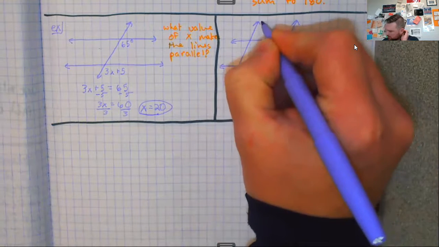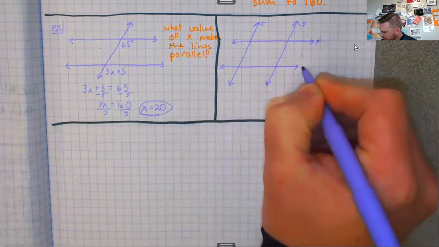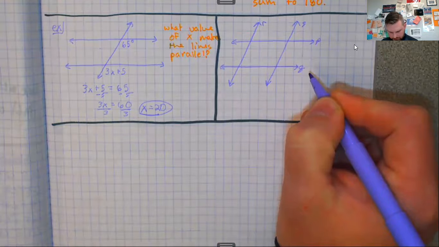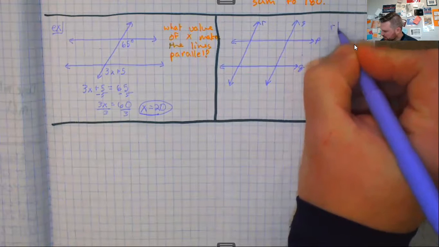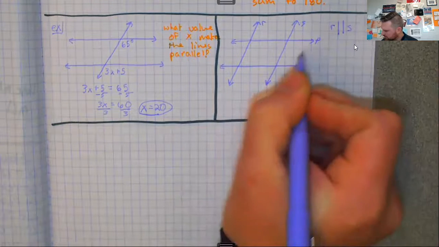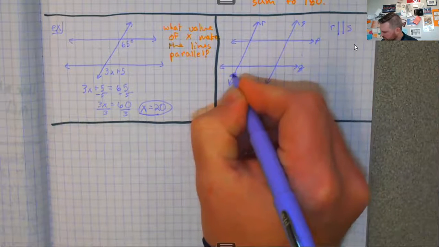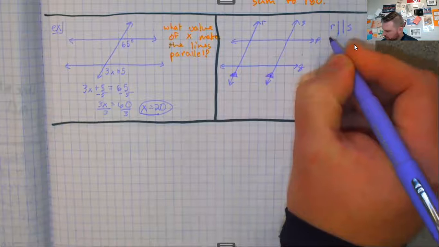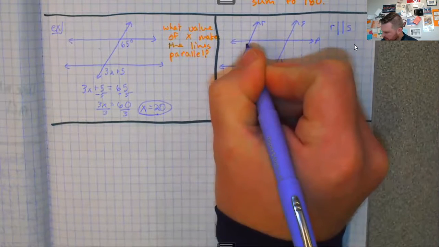All right, the next one we have, this is R S P Q. So they tell us that R is parallel to S. So R and S are parallel. And they also provide us this angle 1, this angle 2, and angle 3 here.